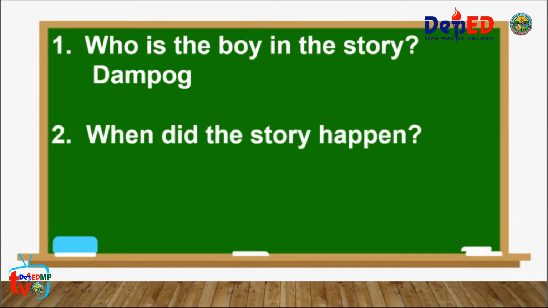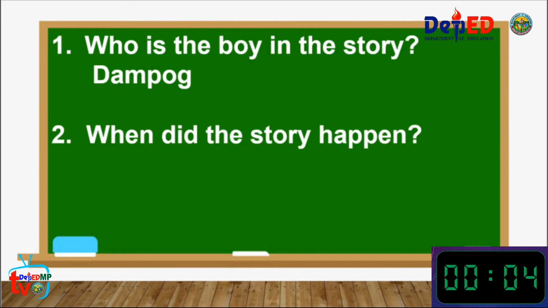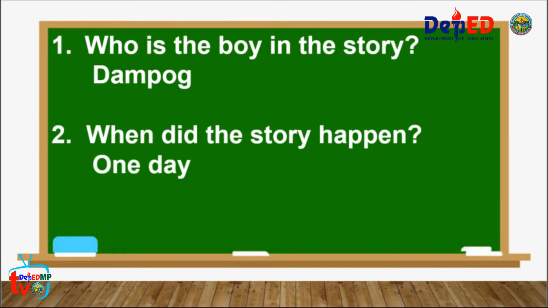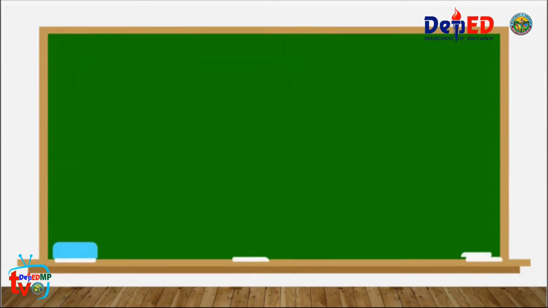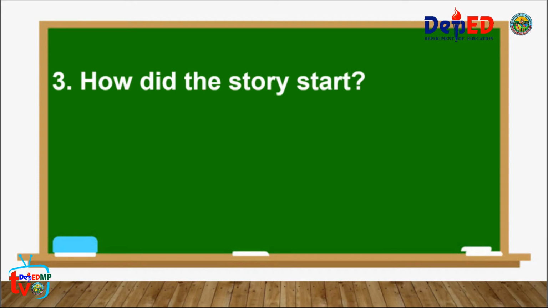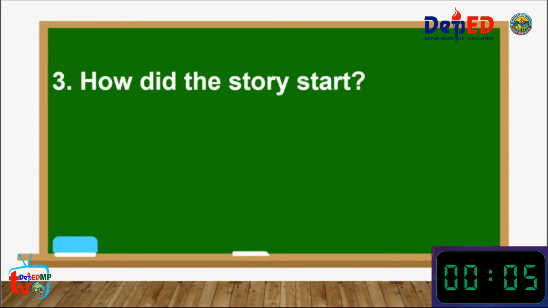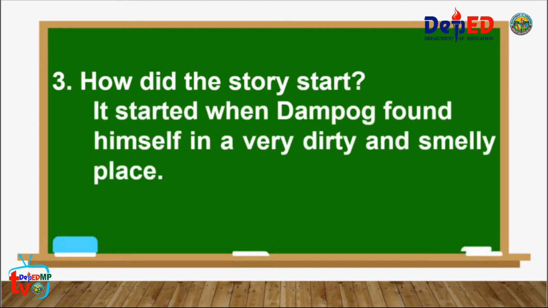When did the story happen? Right again. It happened one day. How did the story start? Correct. It started when Dampog found himself in a very dirty and smelly place.